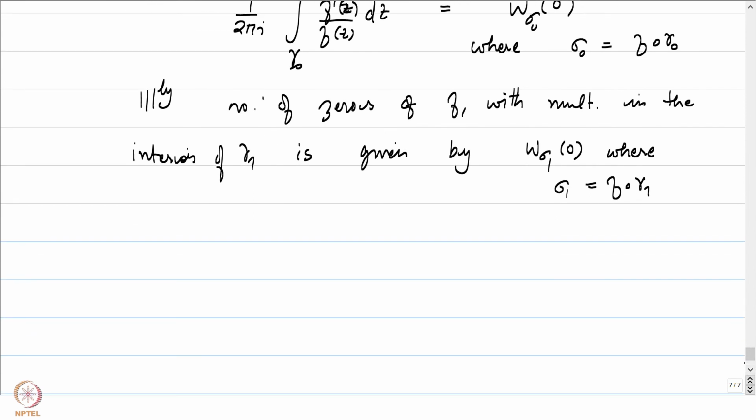Now, the winding number is something which is preserved by homotopy. I am going to define now a homotopy from sigma_0 to sigma_1 and thereby conclude that W(sigma_0, 0) is the same as W(sigma_1, 0).